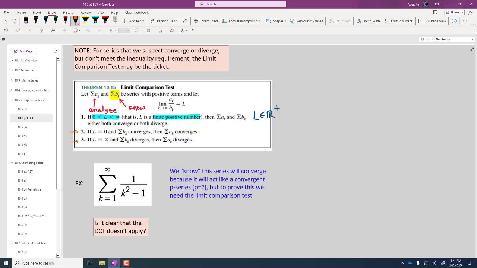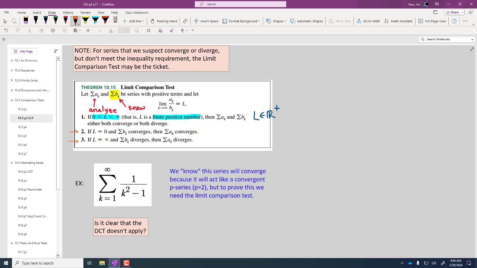We've agreed that you can show a series converges by comparing it to another convergent series. We've agreed that you can show that a series diverges by comparing it to another divergent series. So keep that in mind. You can't use something that diverges to show something converges and vice versa. Converge and converge or diverge and diverge. So let's think about this.